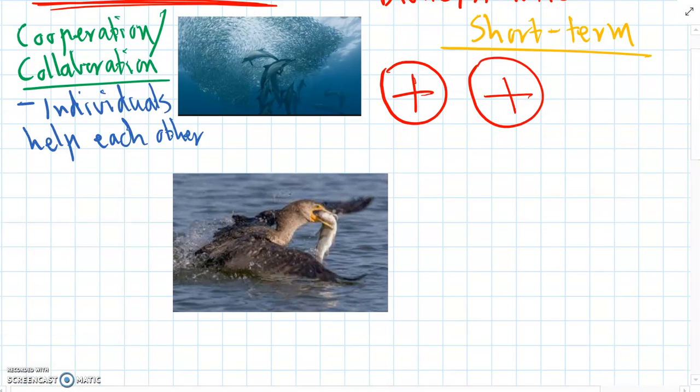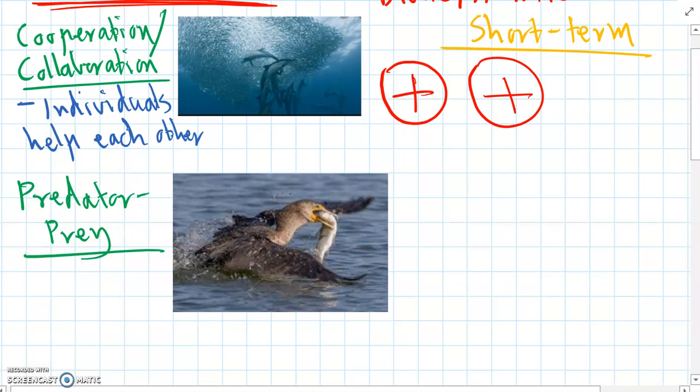The next short-term interaction is called predator-prey interaction. And we all remember that when a predator and a prey interact, the predator animal comes along and it eats its prey.